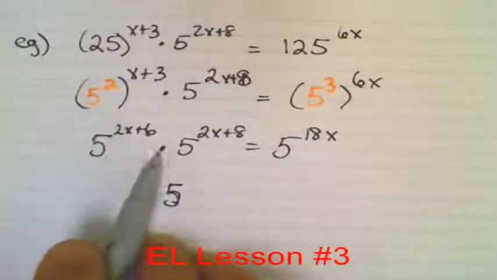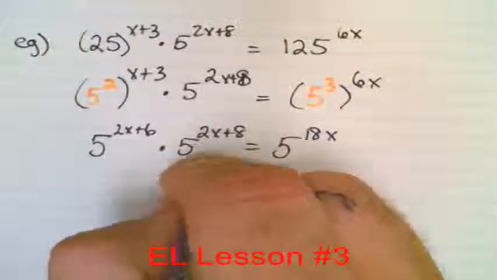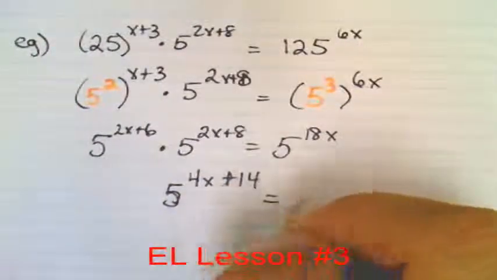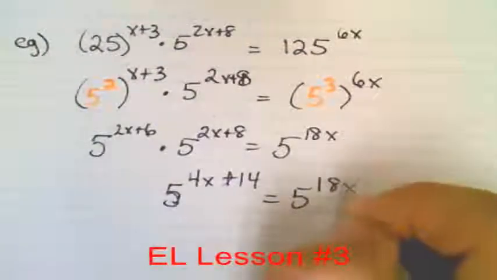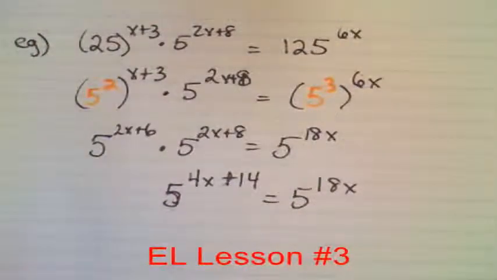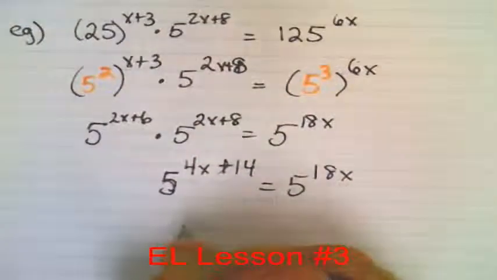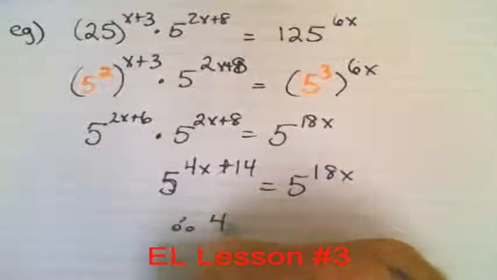I'm not quite done. I've got all 5s, yes, but the left side isn't finished, so I'm going to keep the base the same and add the exponents. 2x plus 2x is 4x, 6 plus 8 is 14, equals 5 to the power of 18x.